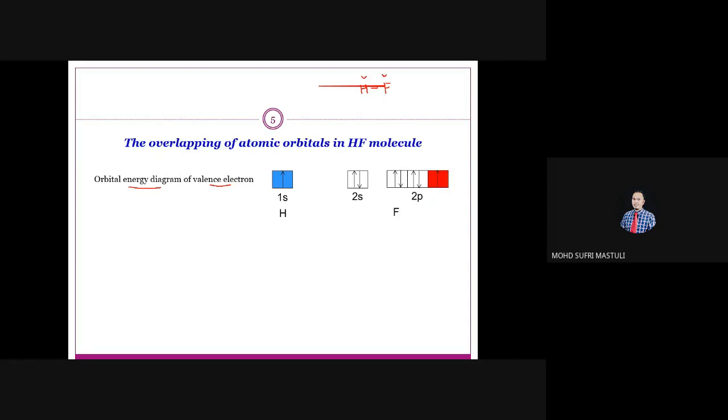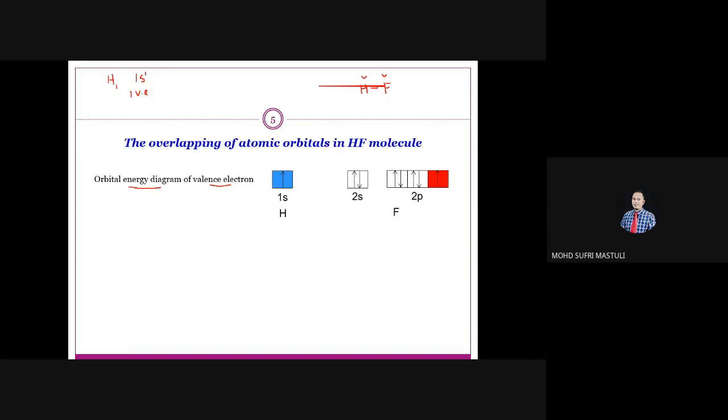We know hydrogen's total electron count is 1, so the electronic configuration should be 1s1. So the valence electron is 1 valence electron.